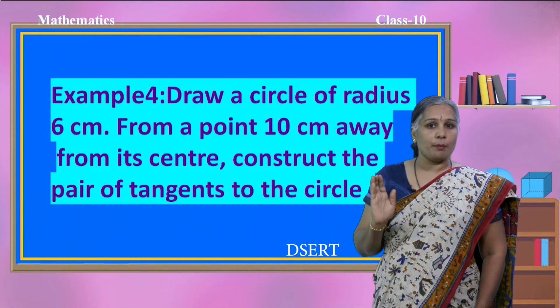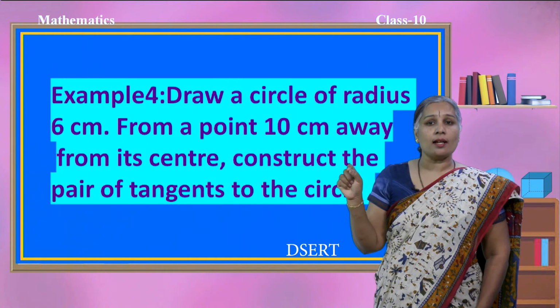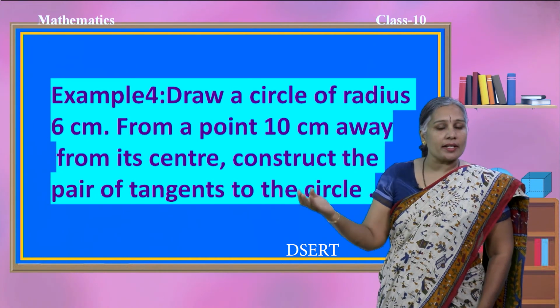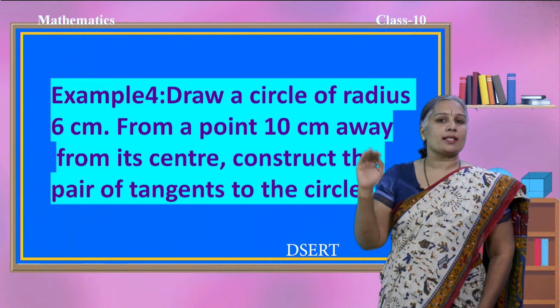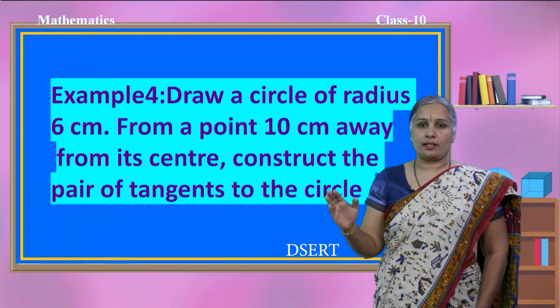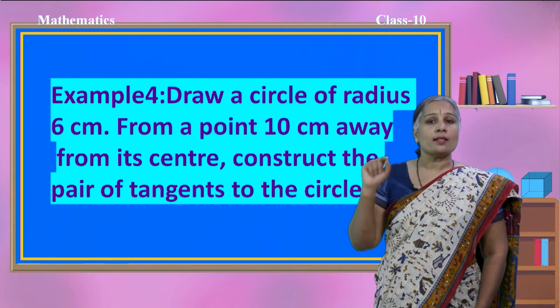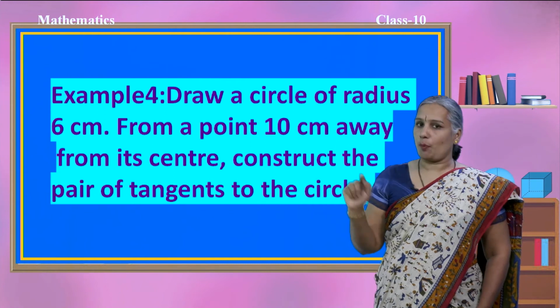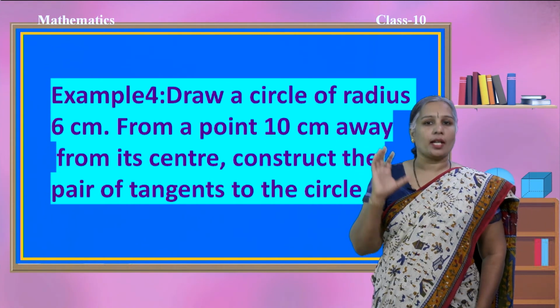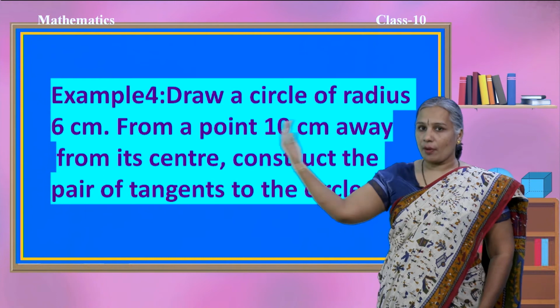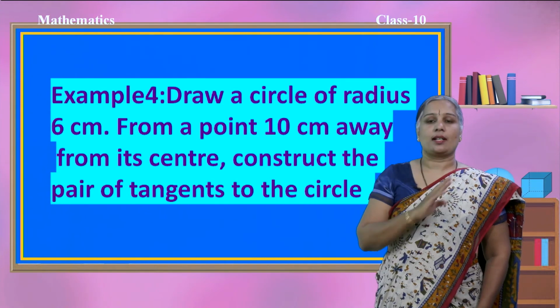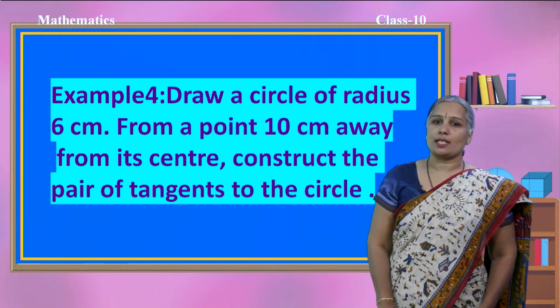Here you have to remember we are making a point outside the circle, that too 10 centimeter away from the center. Now you have to join the center to that external point. Then you have to create two tangents from the external point to the circle. Let us see how to do this.